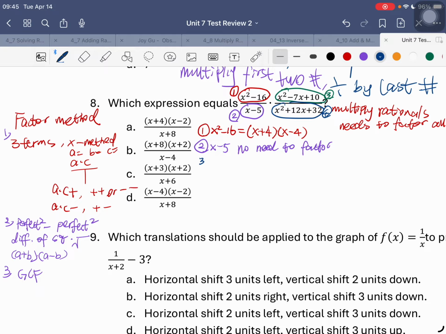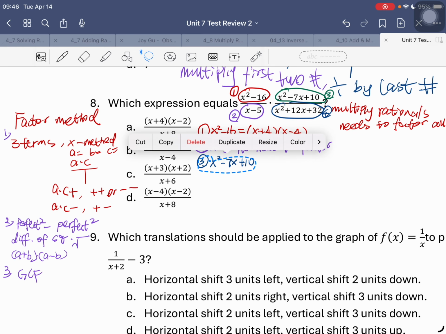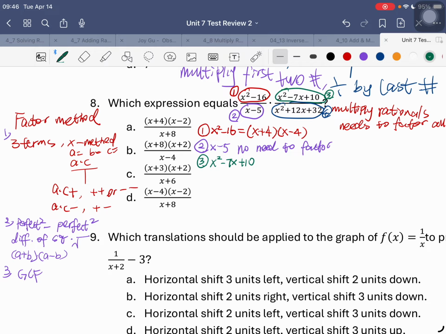Now let's look at 3. How many terms do I have? Oh, I used the wrong color. Okay, I have 3 terms. If I have 3 terms, that means I can use the x method. So I need to find a equals 1, b equals negative 7, c equals positive 10. Find a times c, which is 1 times 10, giving me positive 10.